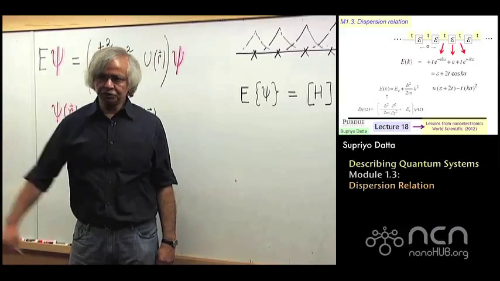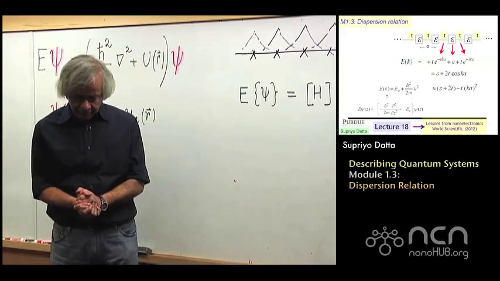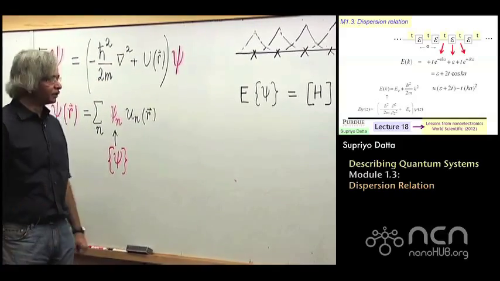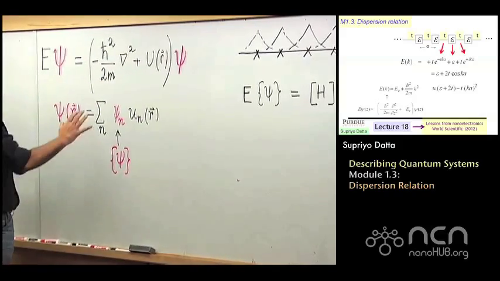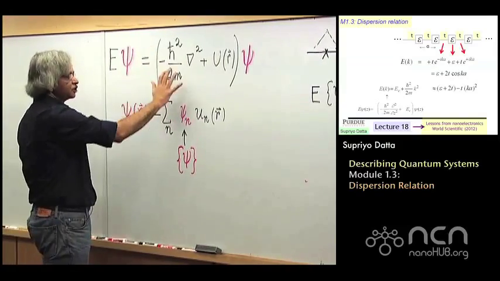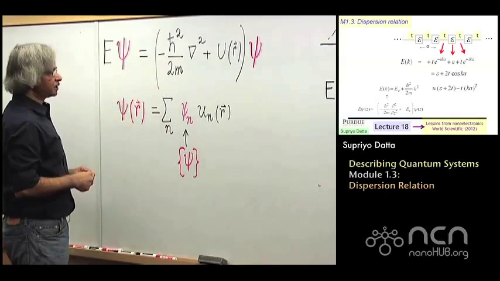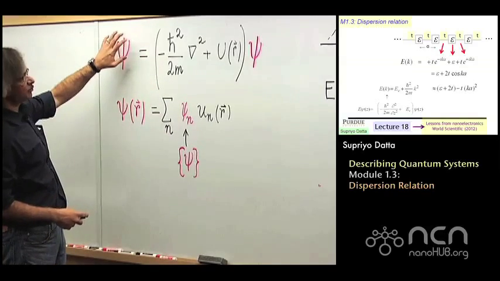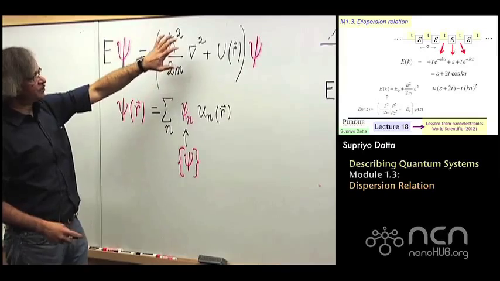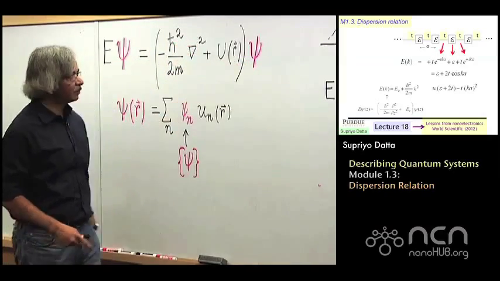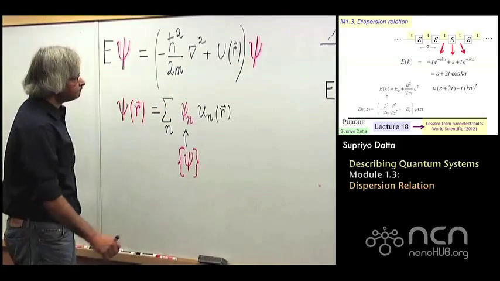Welcome to Module 1.3. As you may recall, in the last module, I tried to explain how you could start from a differential equation, the usual form of the Schrodinger equation, which is E times a wave function psi is this differential operator acting on the wave function psi.